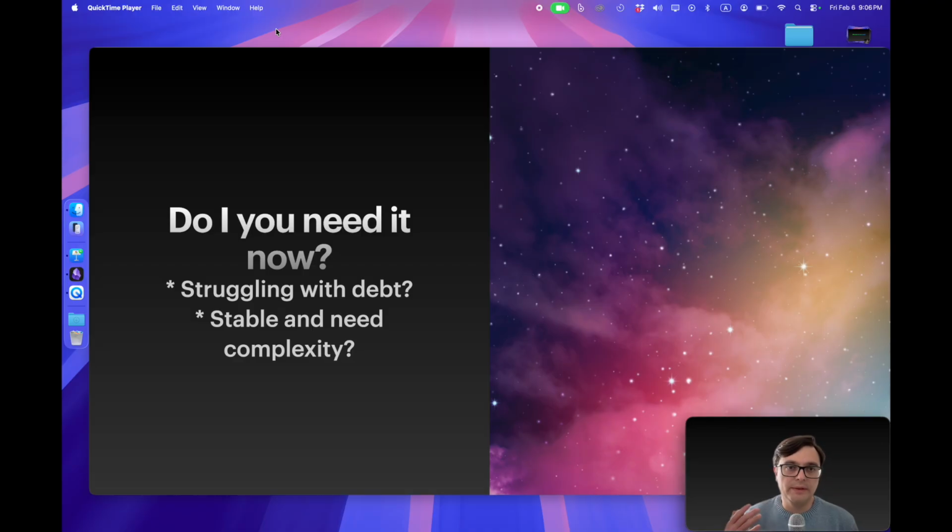Okay, so the next question I would suggest thinking about: GnuCash introduces a lot of complexity to your financial life. If you're struggling with that, have financial anxiety or anything like that, I would suggest to first address that problem rather than jumping into something complex like GnuCash accounting.